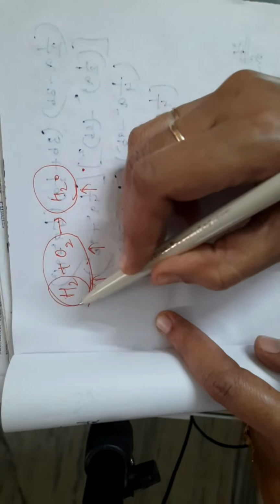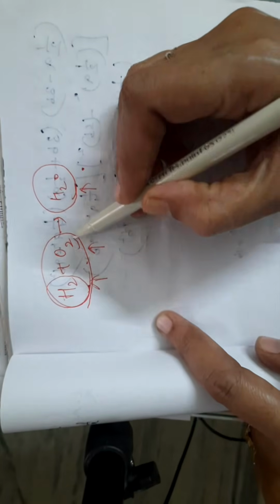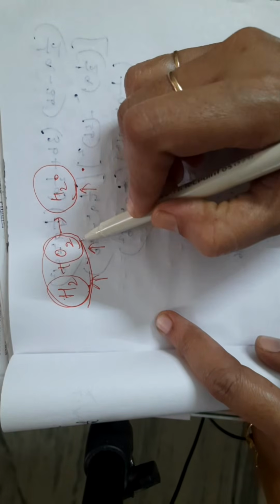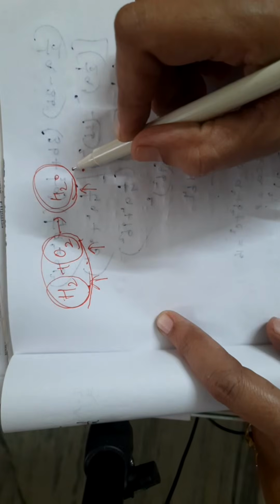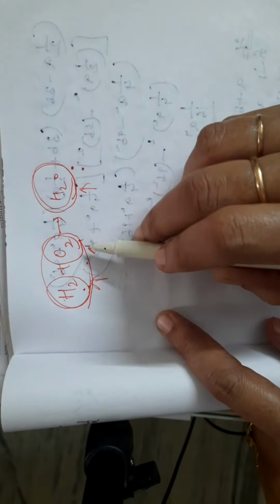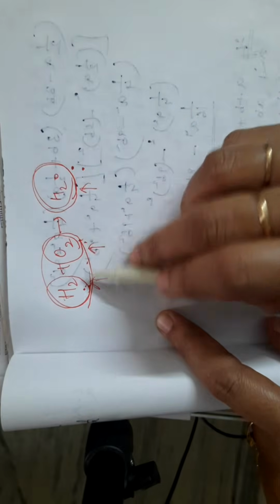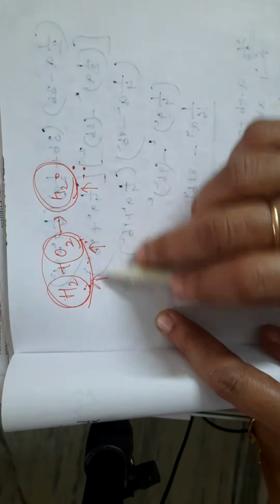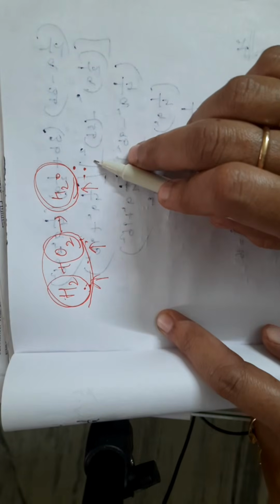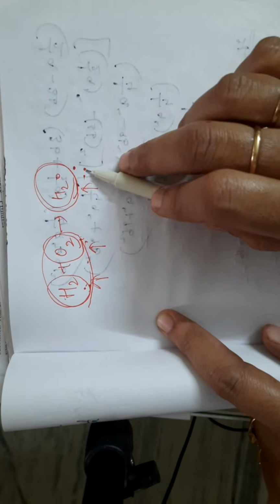Hydrogen is an inflammable gas. Oxygen is a supporter of burning. Water has a completely different nature. One is inflammable, the other is a supporter, and these two are in gaseous form, whereas water is in liquid form. So the identity changes, the nature changes, and the chemical composition changes.